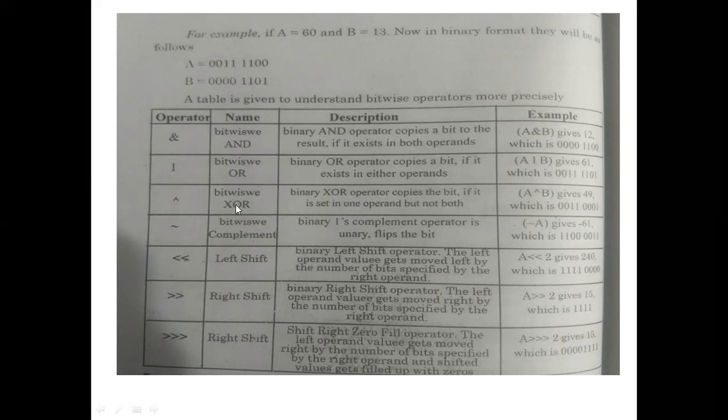Then bitwise XOR. Binary XOR operator copies the bit if it is set in one operand but not both. So if you apply bitwise XOR, it will give you this value, which is 49.